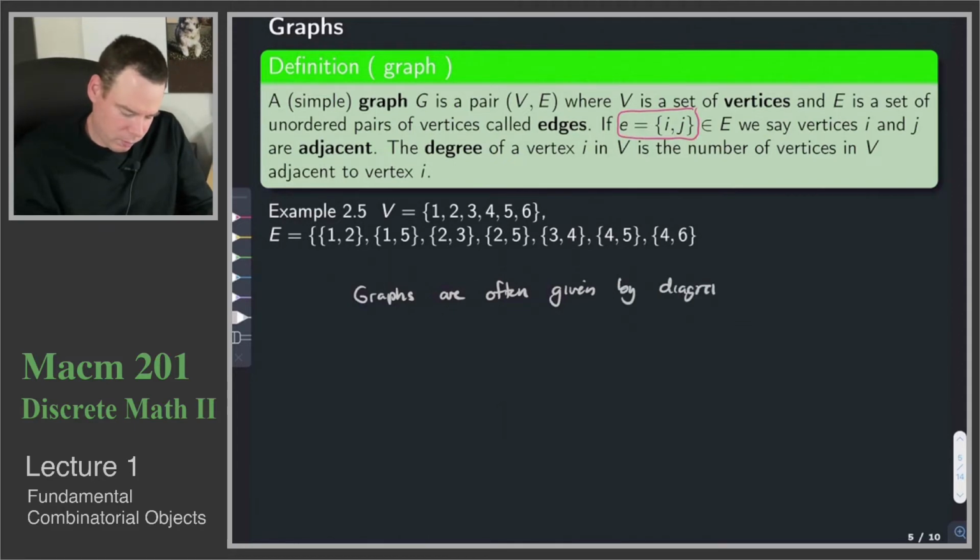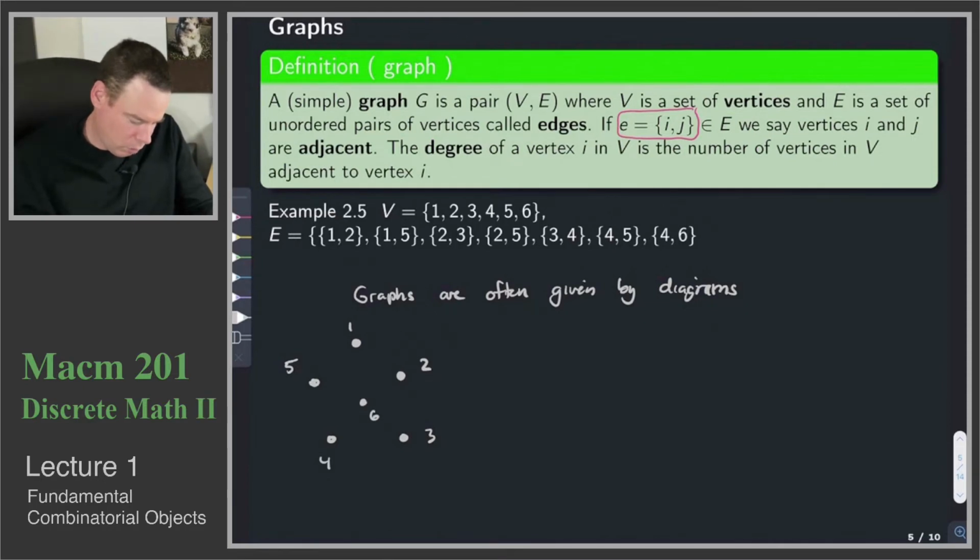So for example, this graph here, I'll write out the vertices 1, 2, 3, 4, 5. Maybe we'll put 6 right in the middle.